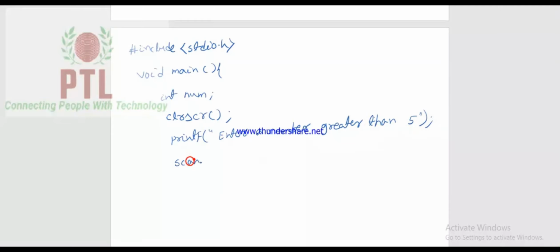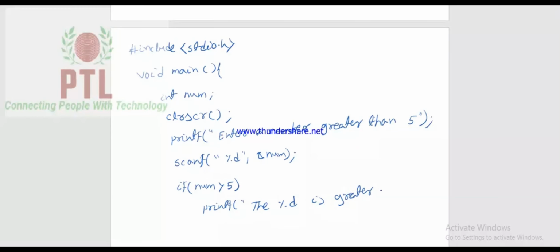Then scanf, I'll take the input from the keyboard: scanf %d, &num. Then I'll check if num is greater than 5, then printf the number %d is greater than 5, with num here.